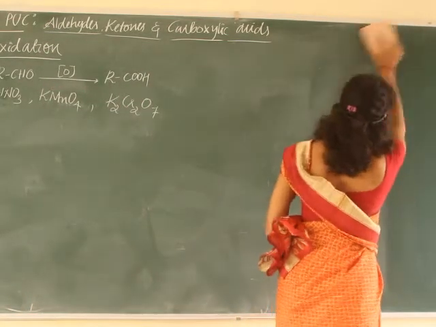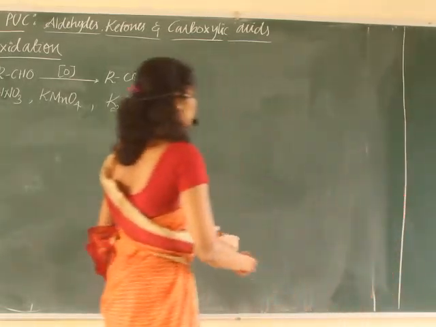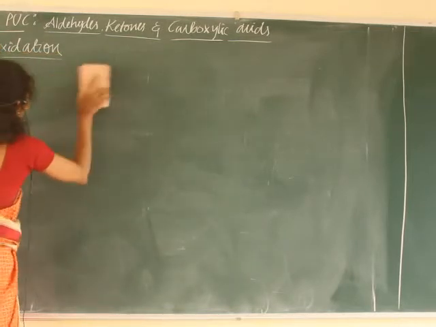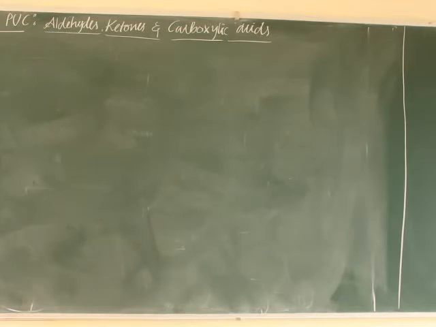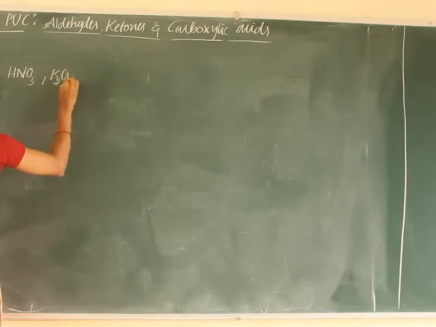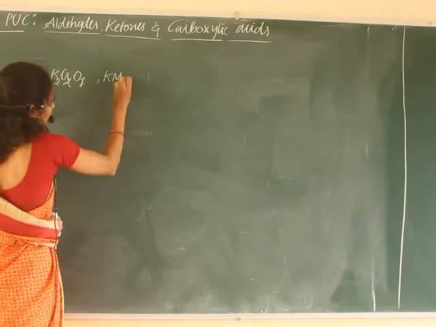This is about oxidation of aldehydes and ketones. Aldehydes will easily undergo oxidation in presence of oxidizing agents like HNO3, K2Cr2O7, that is potassium dichromate, and potassium permanganate.